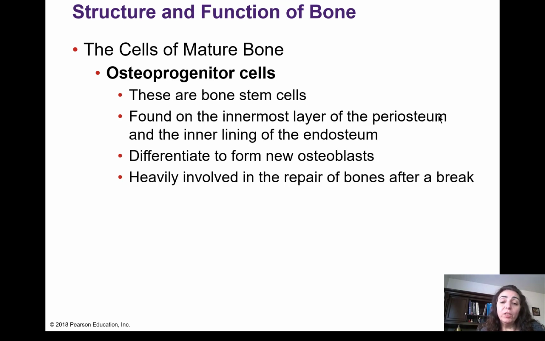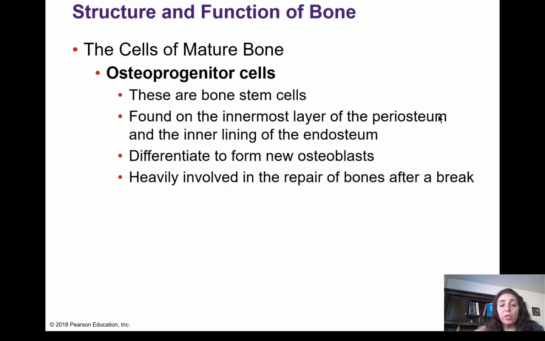And they're heavily involved in the repair of the bones after a break. So you will see that the repair process is very similar to making new bone. By making the new cells, they are involved in the repair process after a break.